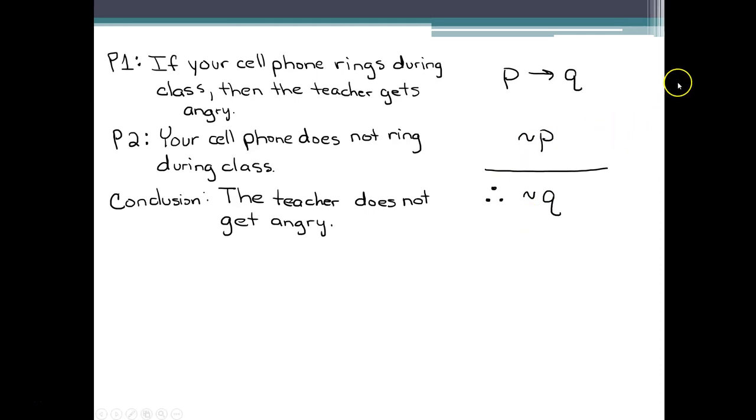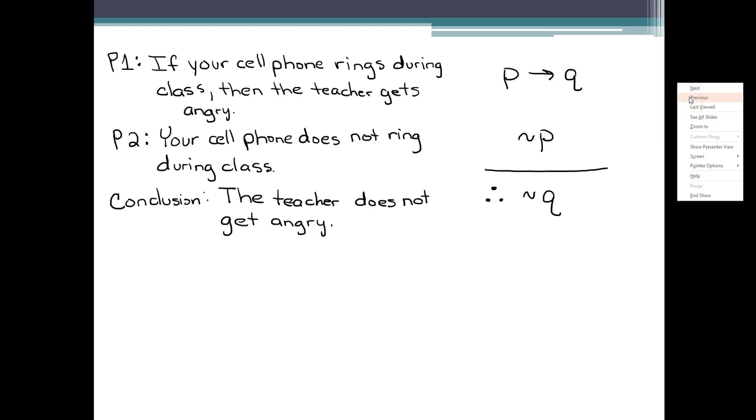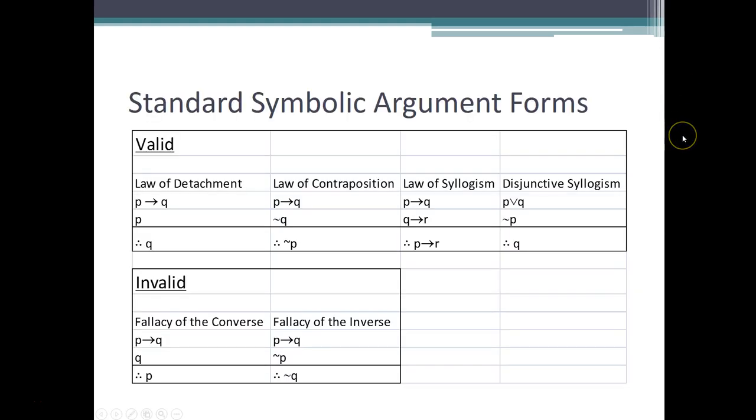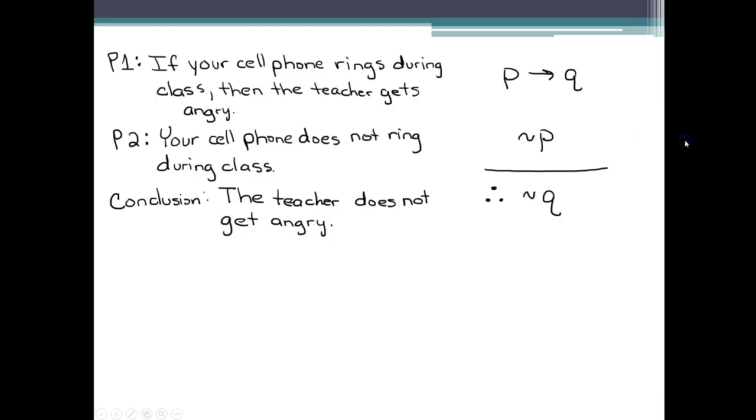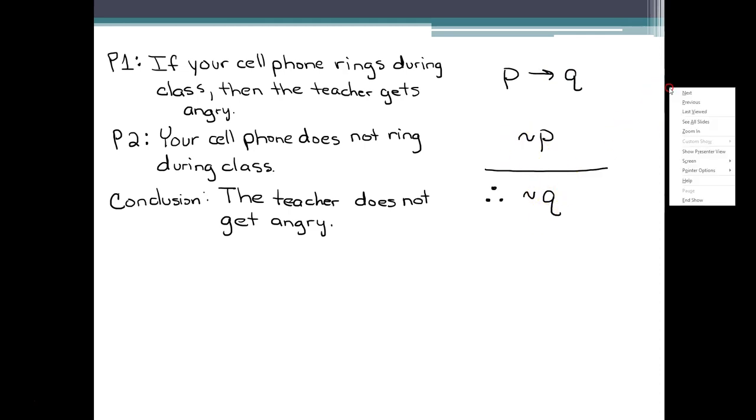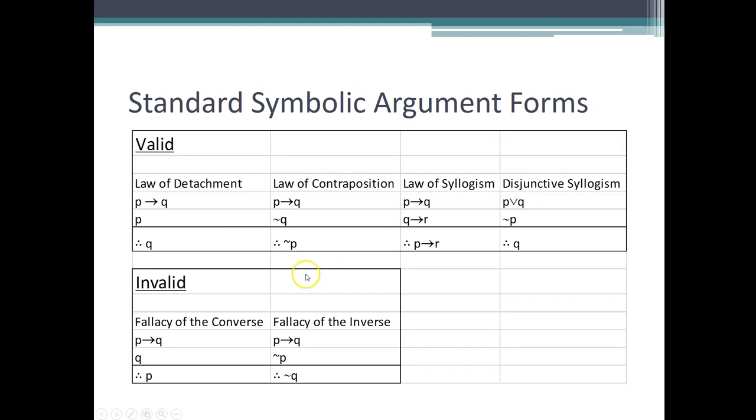Let's take a quick step back and look at our chart and see if this fits anything in our chart. Okay. So again, we have if P then Q, not P, not Q. And here it is right here.